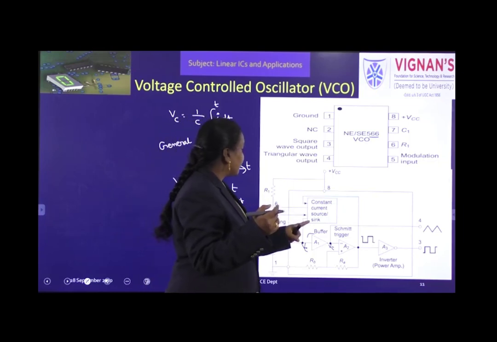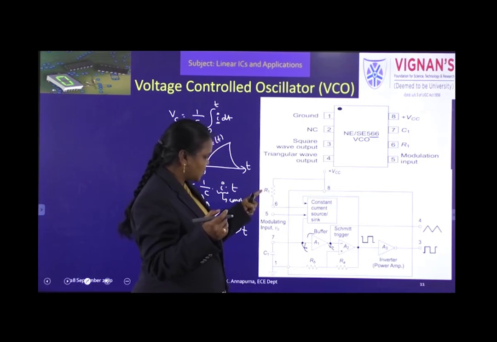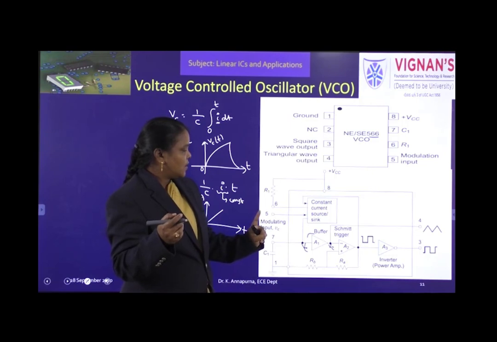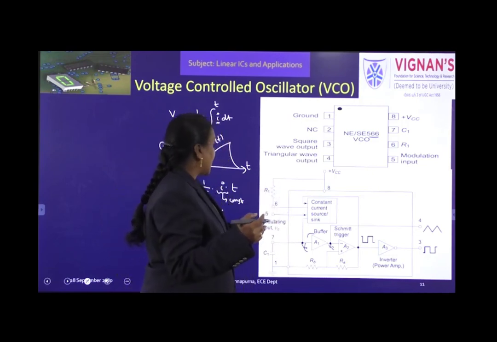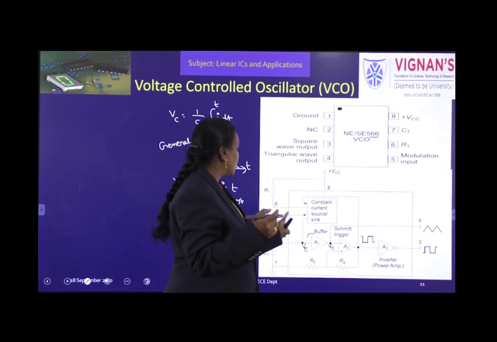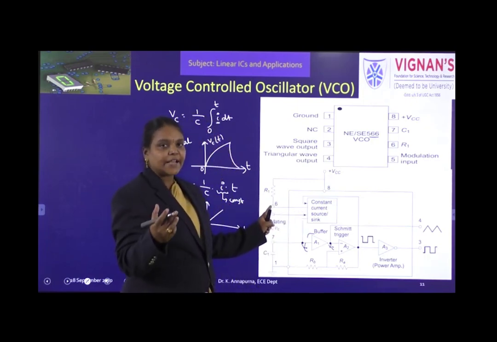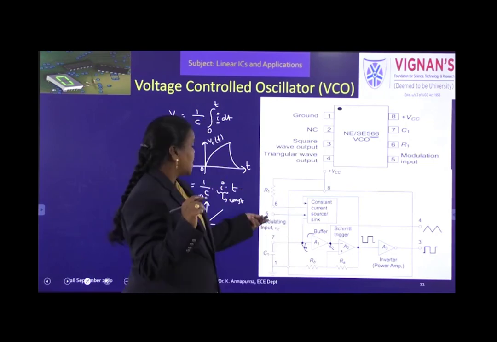Its frequency depends on this R1, that is, through this resistor it is charging and discharging, and this capacitor value. And here there is also this modulating input pin. Anyway, we will derive the free running frequency of oscillations.